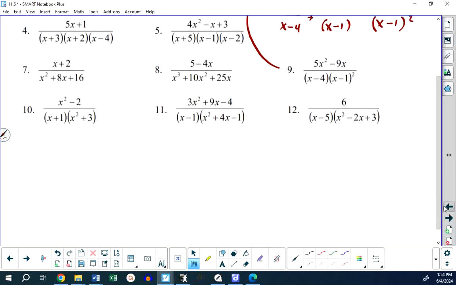But we also looked at situations like number 12, where you would break this into a constant over the factor x minus 5, plus something over x squared minus 2x plus 3, which is non-factorable. We learned that you need a linear numerator there.